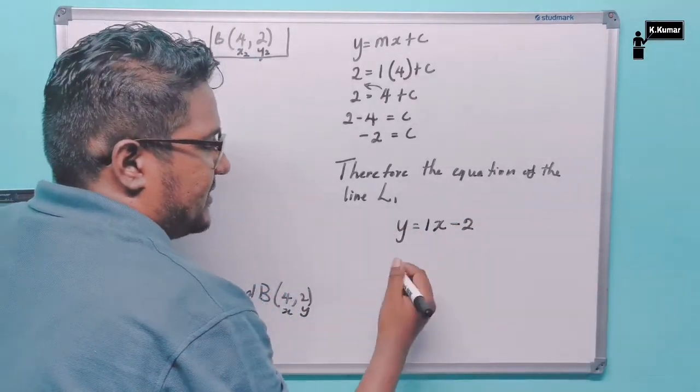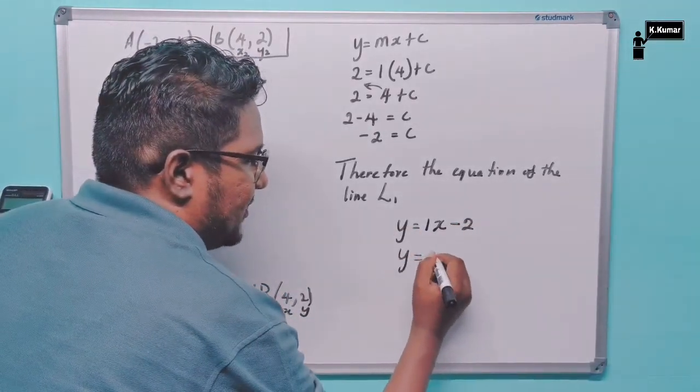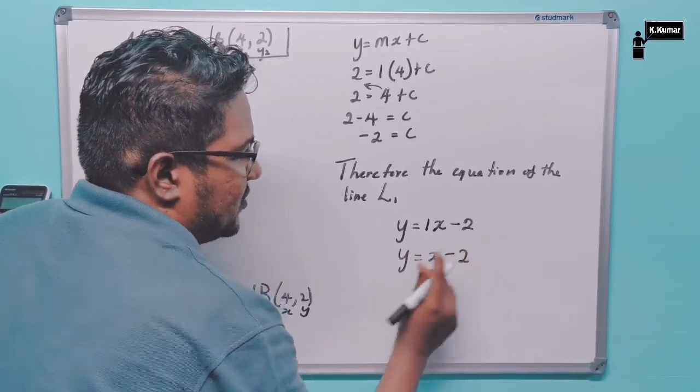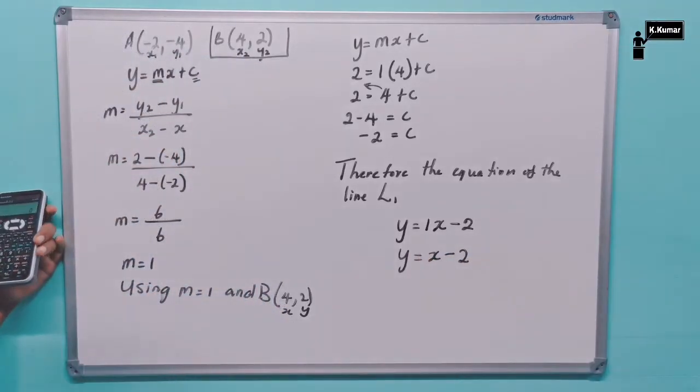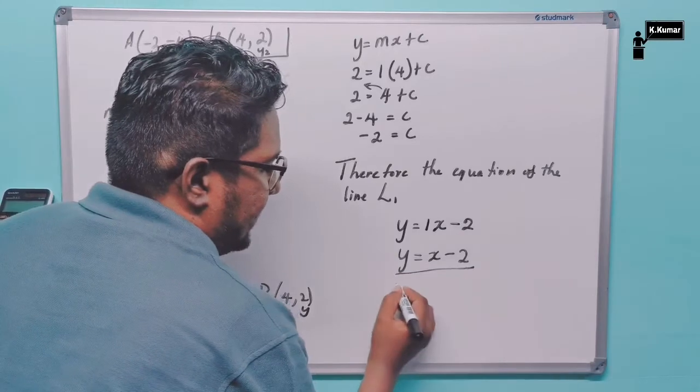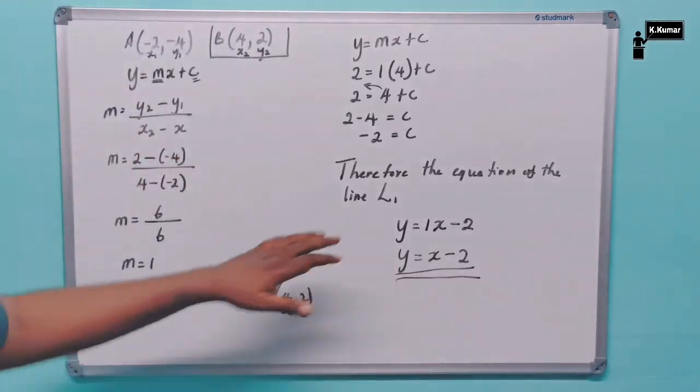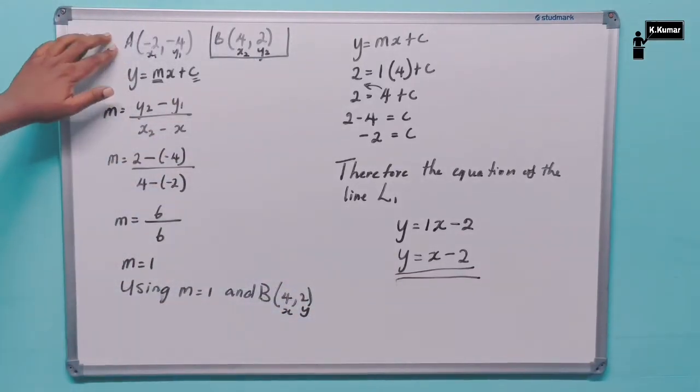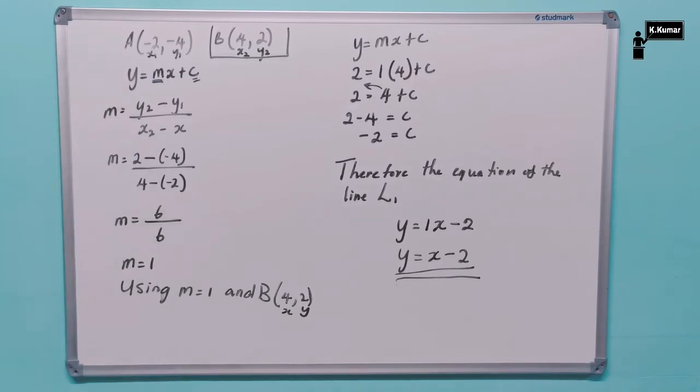And if you want to rewrite this, it could be y equals x minus 2, because the 1 in front there is understood. So this is the equation of the line L1 given the 2 points A (-2, -4) and B (4, 2).